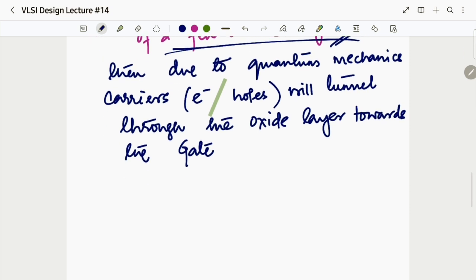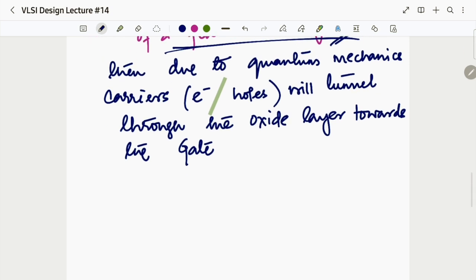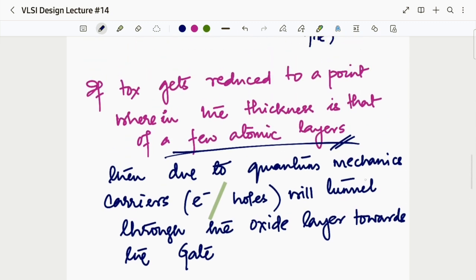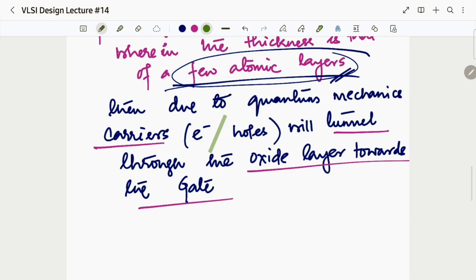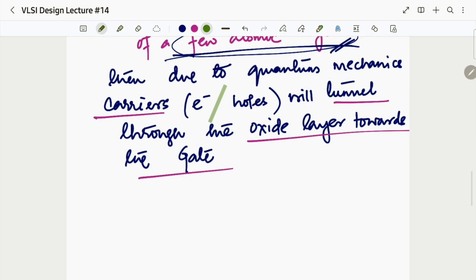Okay, and what will happen if this happens? If my thickness of oxide is only a few atomic layers, my carriers will tunnel through the oxide layer towards the gate. And what happens next?